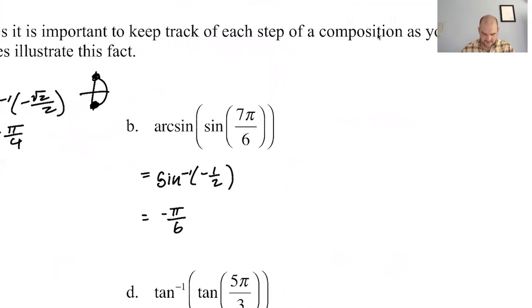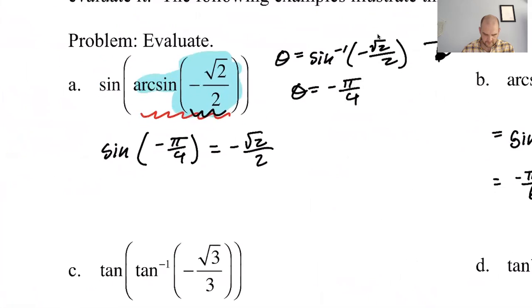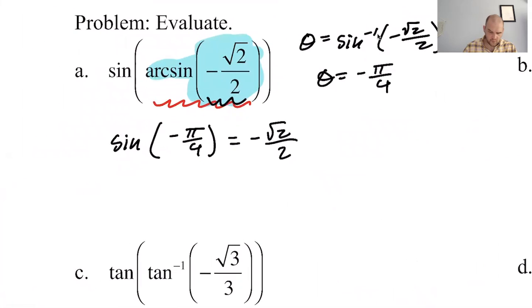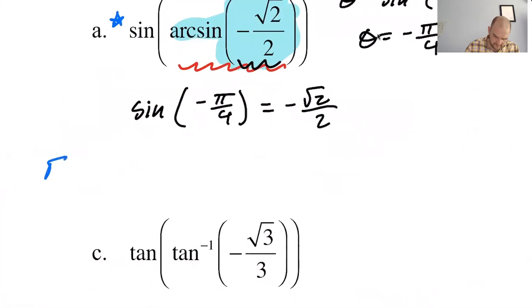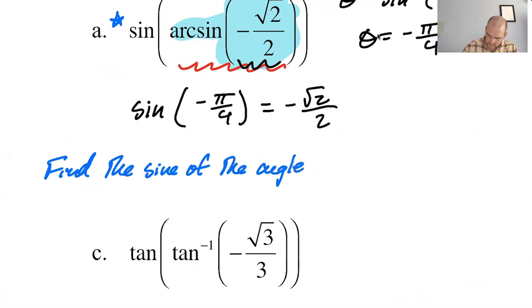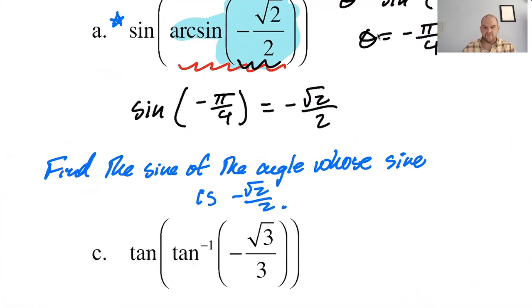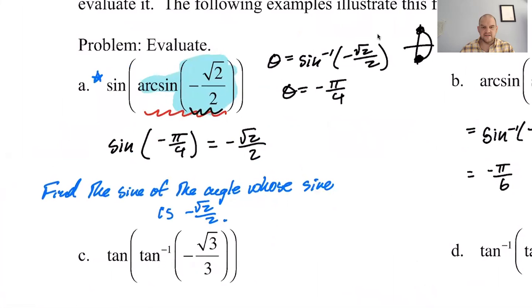But what's happening here, let me write this one out in words, right? So here, this is asking me to find the sine of the angle whose sine is negative root 2 over 2. That's what this is saying. Find the sine of the angle whose sine is negative root 2 over 2.